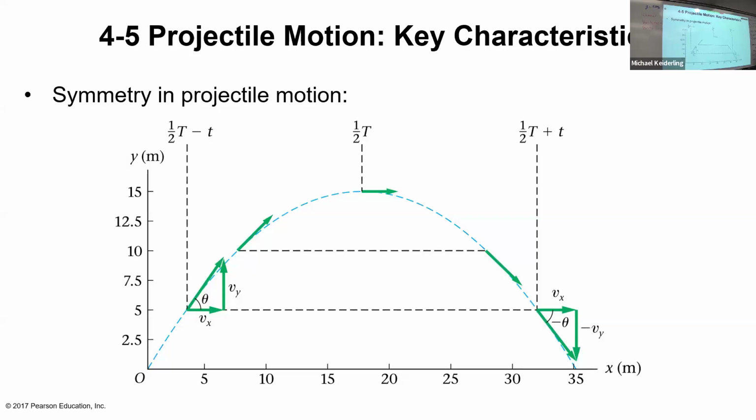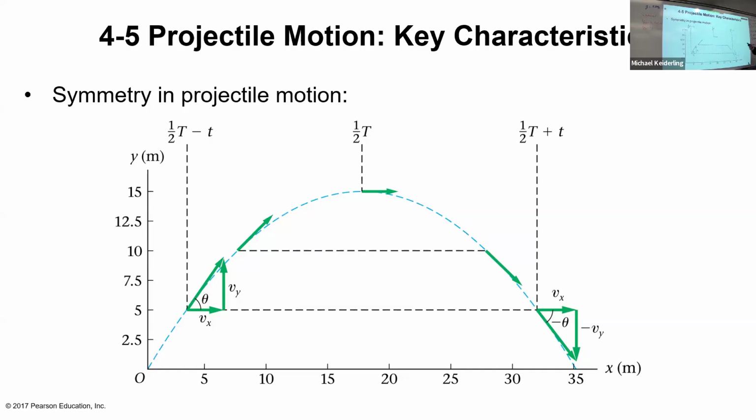So without air resistance, the other nice thing is that we have symmetry. If you have a projectile at the same height, it will have the same speed, and it will be traveling at the same angle from the horizontal. One will be above and one will be below. It's going just as fast on the way up as it is on the way down.